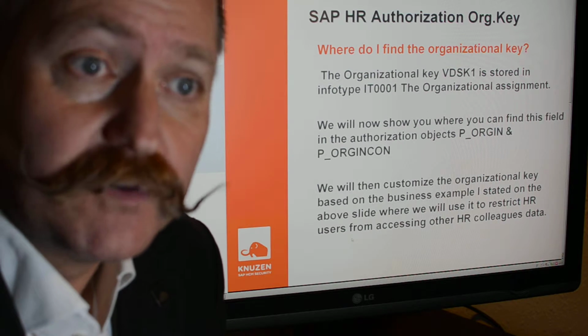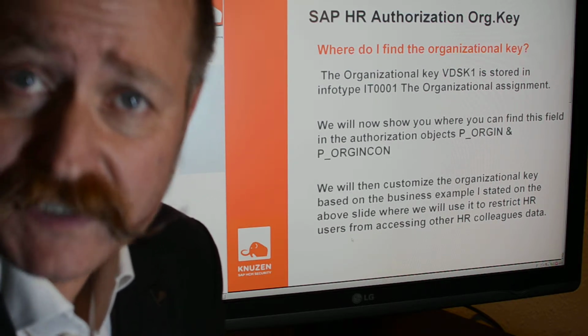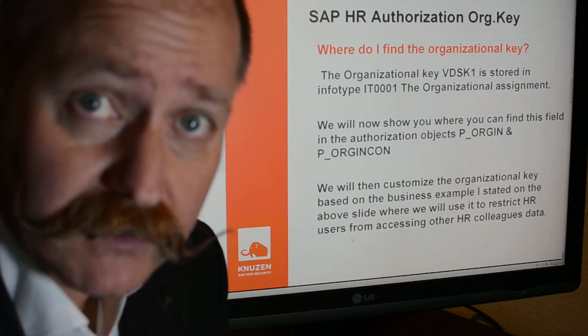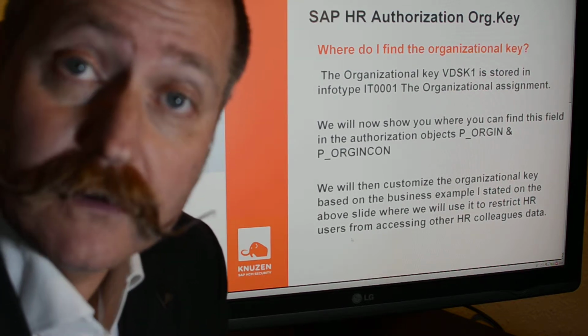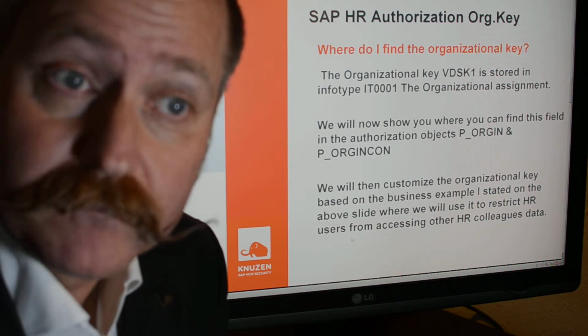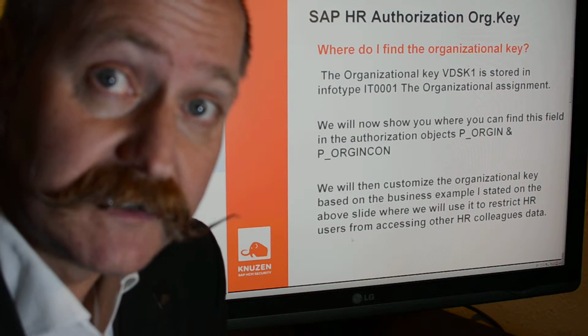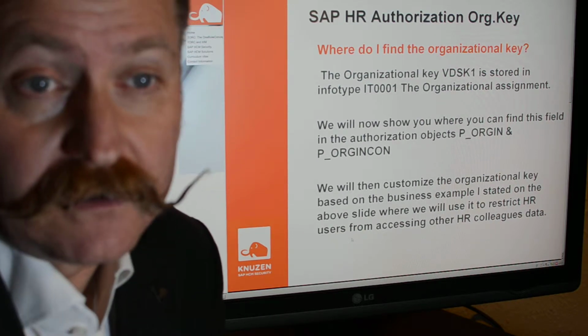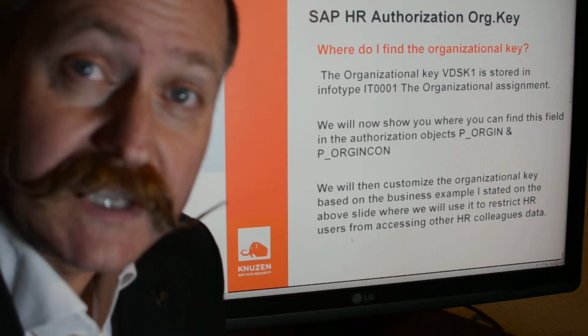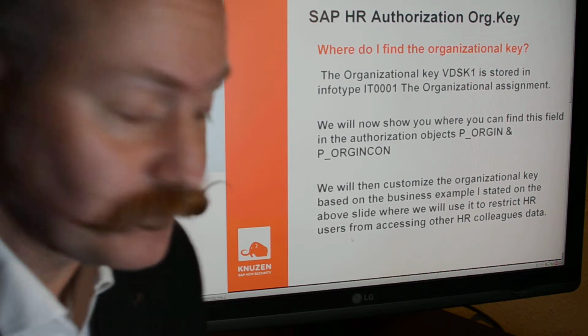In this session we will show you where you can find this field in the authorization objects, the P_ORGIN and P_ORGIN_CON. And then we will also customize the organizational key based on the business example I just mentioned on the above slide, where we restrict HR users from accessing their colleagues' data.